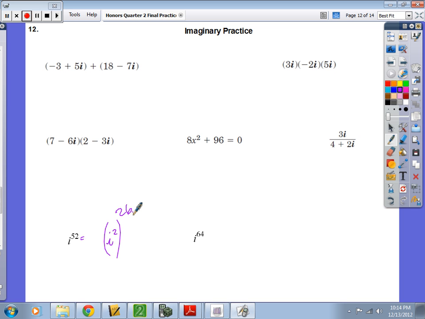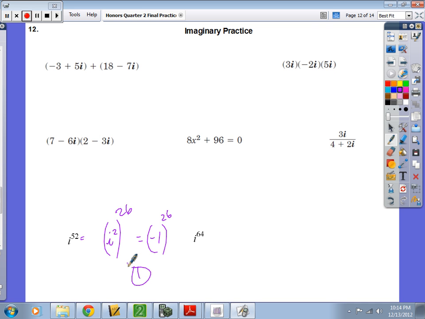So in 52 there is exactly 26 twos. So this is legal. I can rewrite i to the 52nd as i squared to the 26th. And I'm going to swap out i squared for a -1, and I know a -1 times itself 26 times is going to be a +1.